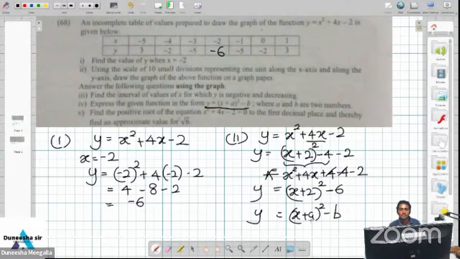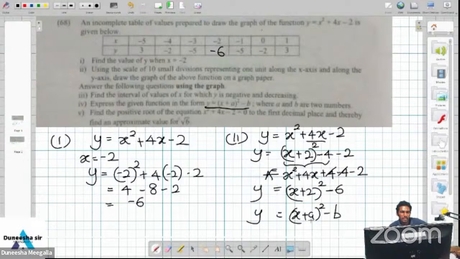Okay. We finished the fourth question. We form to the x plus a square minus b form. Okay. සතිෂ් එක තේරුණාද? අපි මේ ෆෝම් එකට හදාගත්තා කියලා අපේ ෆන්ක්ෂන් එක. ඔව් සර්. හරි.